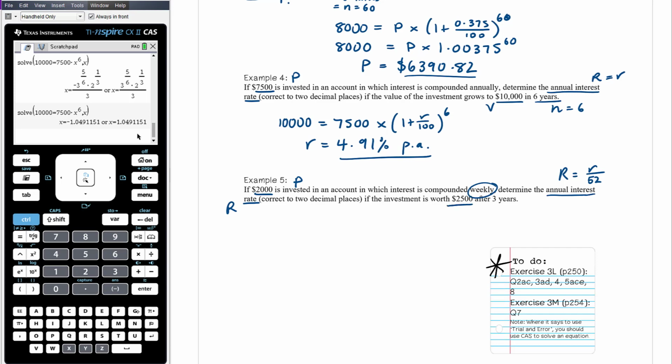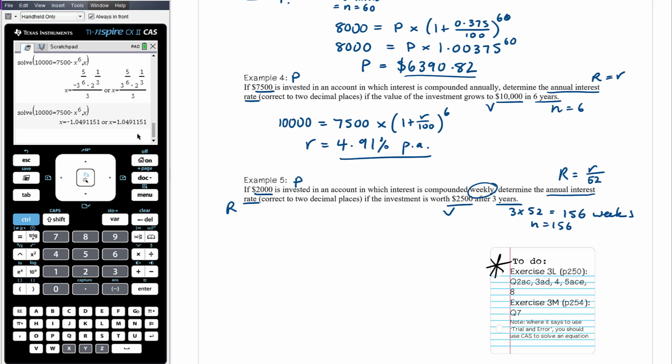The investment is worth $2,500 after 3 years, so we need to work out n. That's 3 times 52, so that's 156 weeks. And so n is 156.